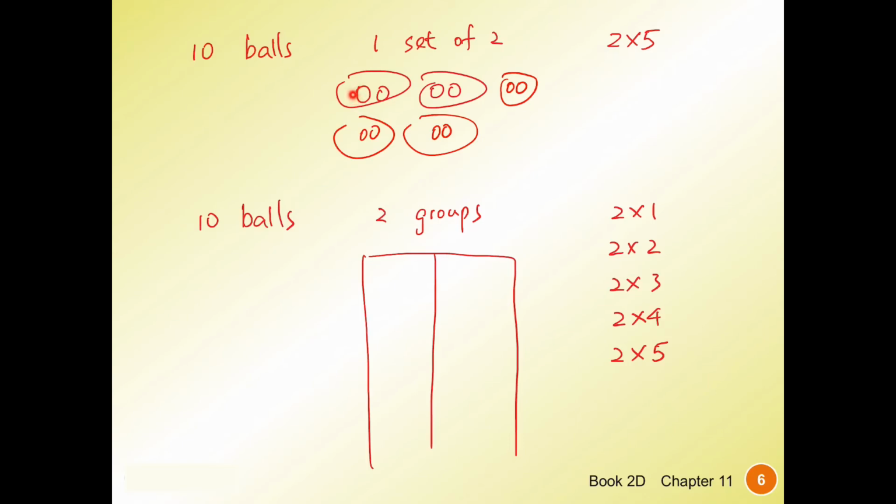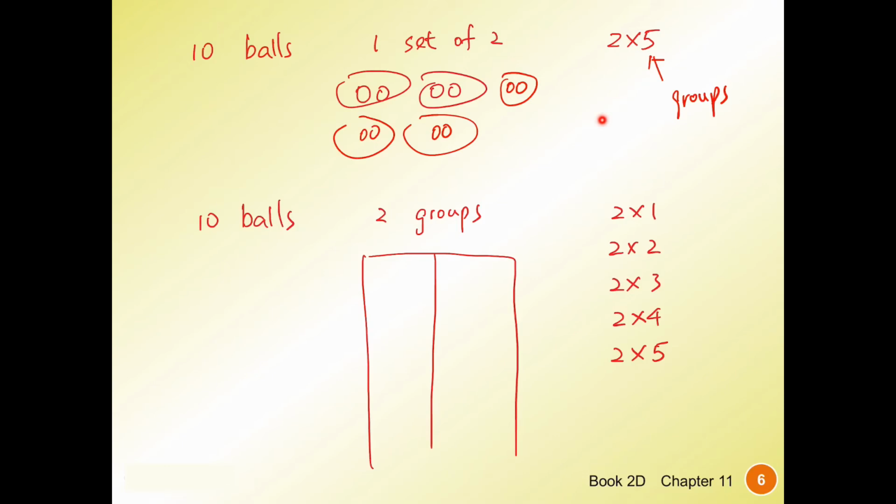So we would keep on circling 2 balls at a time and then another set of 2 balls until we end up having no balls left. So here, after circling a set of 2, we end up having 5 sets, or you can say 5 groups.